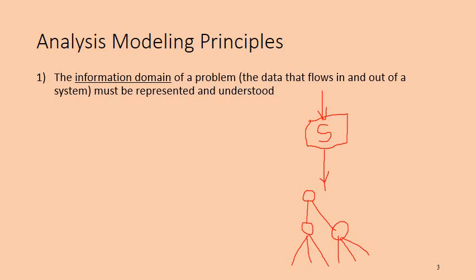So in this way, whenever you are talking about the analysis model, your first principle is the information domain of the problem, the flow in and out of the information. The information may go in from you, the system, or any device. And when it comes out, how can you see it?